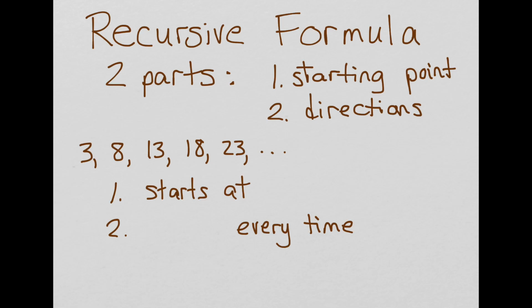So for example, here's a sequence listed. Starts at 3 and it goes to 8, then 13, then 18, then 23. That looks like we're adding 5 every time. Okay, what if I started with a different number? What if I started with like -2 and I added 5? Then I would get 3 and then I would get 8.